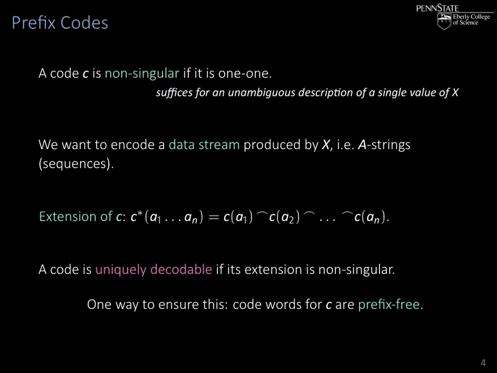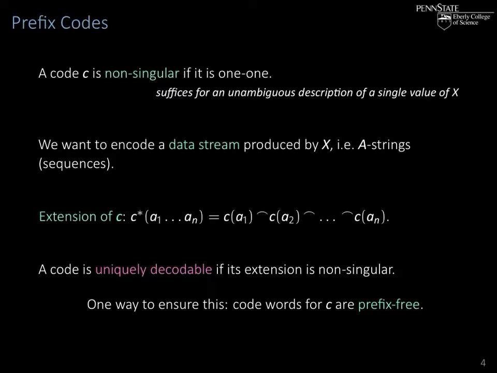There are various ways how one might ensure that a code is uniquely decodable, but we've already encountered this problem when we were talking about Kolmogorov complexity, and then came to the concept of prefix-free complexity, where we exactly had this problem that we could not tell apart two concatenated codes, right? So one way to ensure this is to require that the code words for C form a prefix-free set.